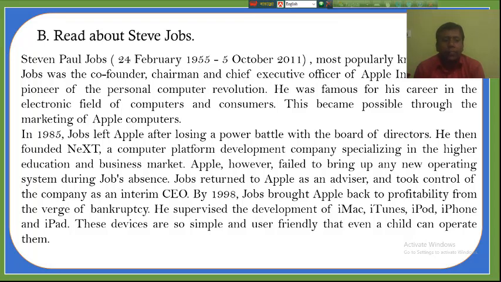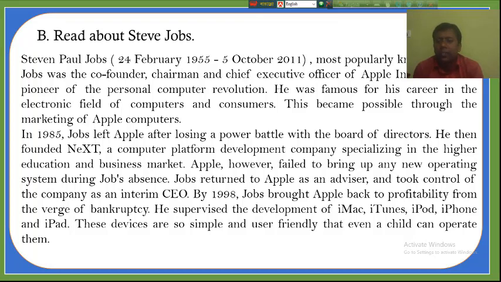In 1985, Jobs left Apple after losing a power battle with the board of directors. He then founded Next, a computer platform development company specializing in the higher education and business market.